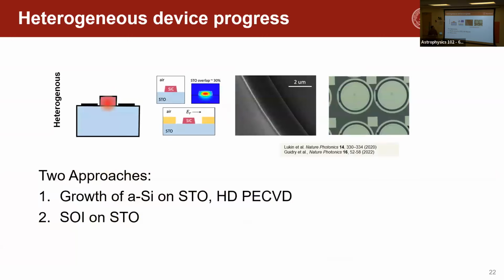And the second thing that we are trying is heterogeneously integrating our strontium titanate with other types of materials, specifically silicon carbide, amorphous silicon, and SOI.